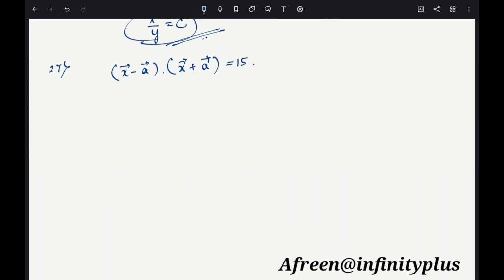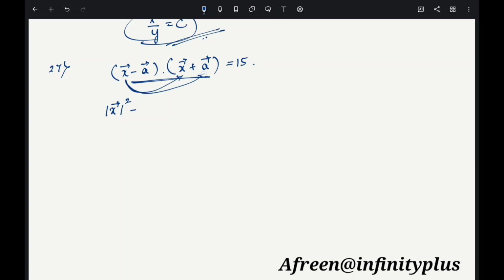So in the given question we have the x vector minus a vector dot x vector plus a vector is equal to 15. So you have to take the dot product of these two vectors they have given. Multiply x with x. You will get x vector into x vector, which will be magnitude of x vector whole square.